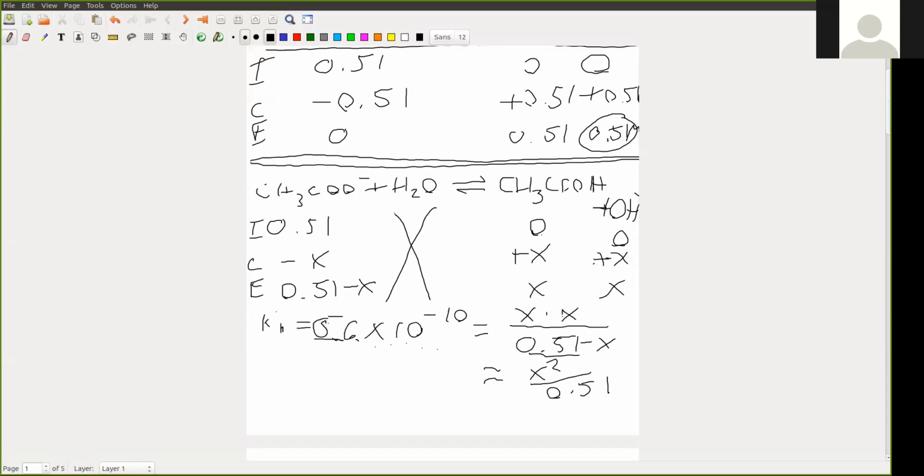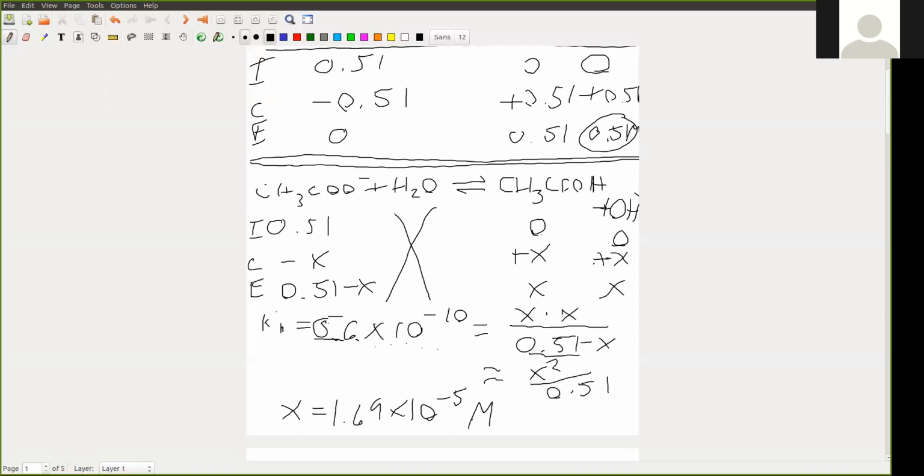Once you solve for X by multiplying both sides by 0.51 and then taking the square root of both sides, you will find that we can rewrite our X as equaling 1.69 times 10 to the minus 5.